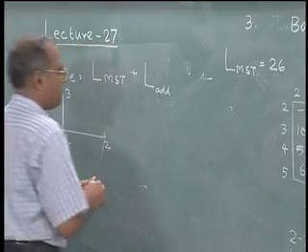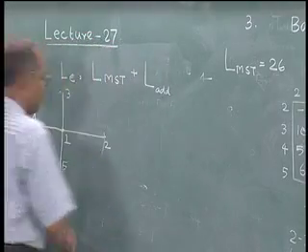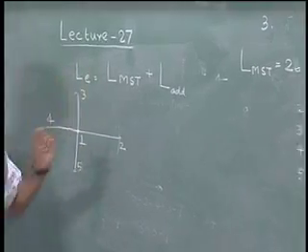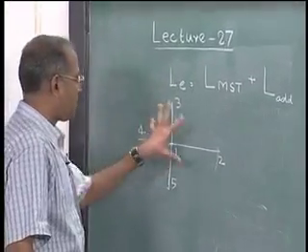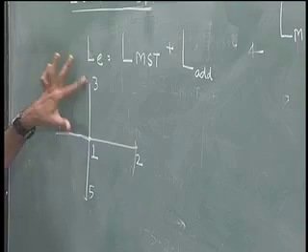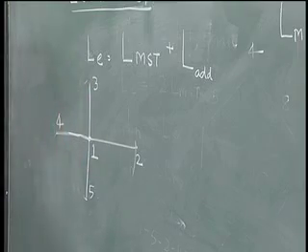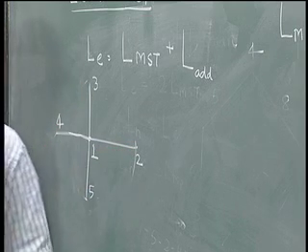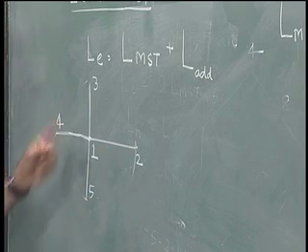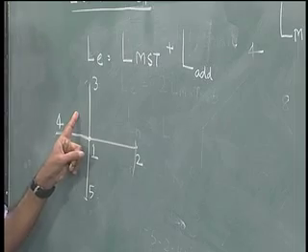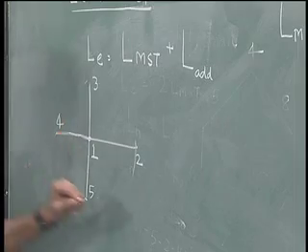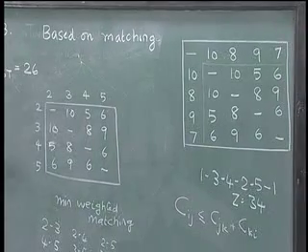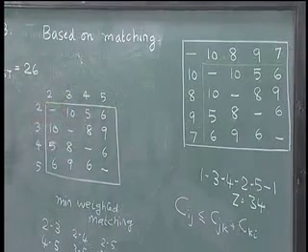Now, let us assume for a moment that the minimum spanning tree is like this. In our example it is not so, but let us assume for a moment the minimum spanning tree is like this. Now, this is a case where there are 4 vertices that have an odd degree. So, when there are 4 vertices that have an odd degree, what we do is we go back to the original matrix and then pull out the corresponding 4 by 4 matrix from the original matrix.